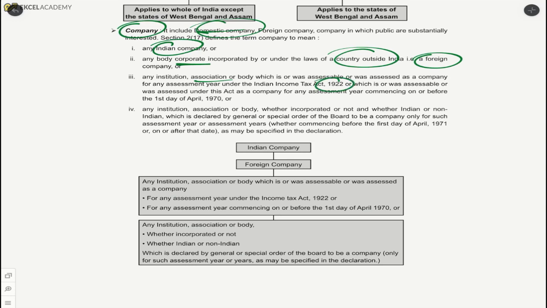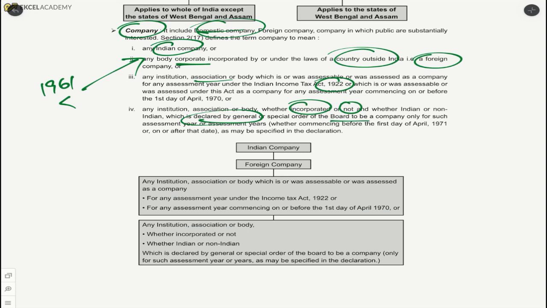That means even before this 1961 Act was set up, if there was any other company which came under the Income Tax Act 1922 as a company, even that would be considered as a company, especially the old companies established before independence. Any institution, association or body, whether incorporated or not, and whether Indian or non-Indian, which is declared by general or special order of the board to be a company.